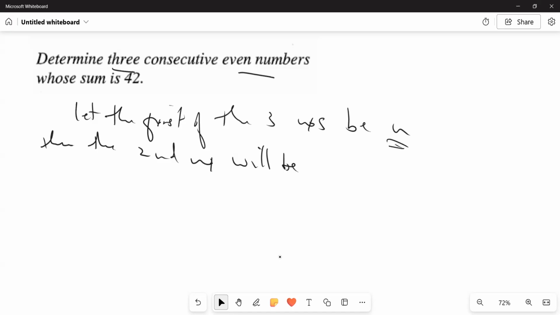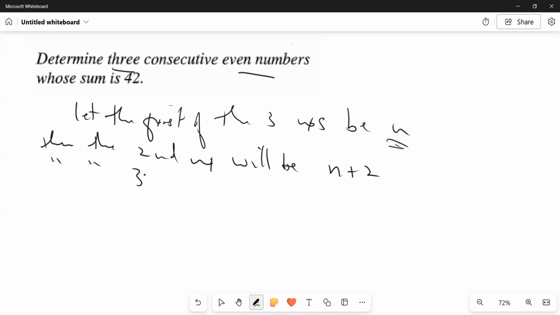They're 2 apart, right? Good. So the next one will be n plus 2.